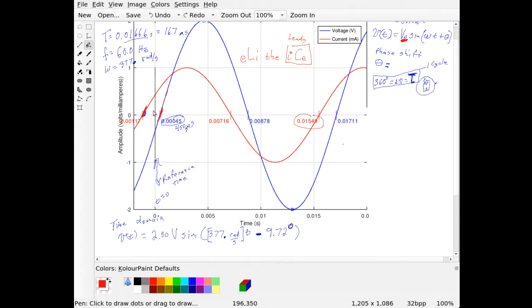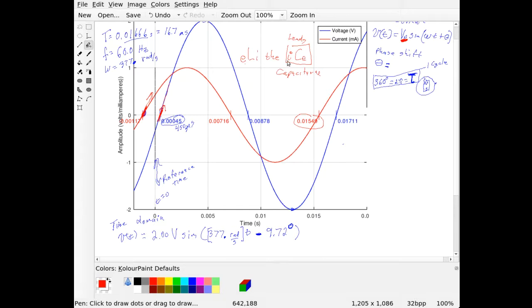So we know just by doing that we know that we have capacitance in this circuit. Okay, that is a given because the current waveform is going positive before the voltage waveform goes positive.